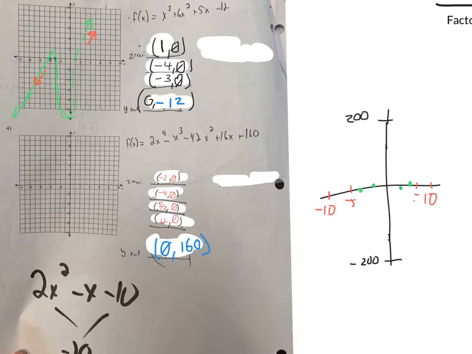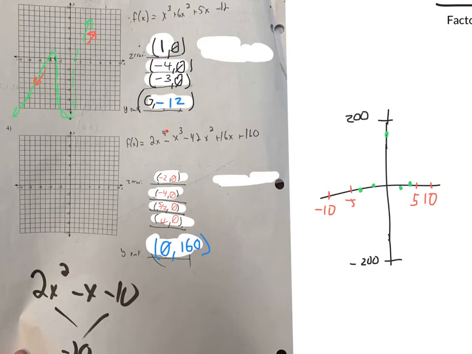Now, I'm not going to draw the actual coordinates here because it would get a little messy, but hopefully my student at home realizes that's -2, 0, that's -4, 0, that's 2.5, 0, and that's 4, 0. Okay. We also know that the y-intercept is 160. That's going to be 100, so 160 is going to be right around there. So you could just draw that stuff, right?